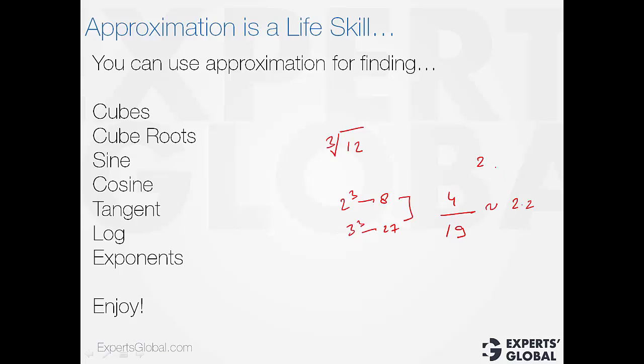I'm sorry, this should be 0.22 something. So a bit more than this. So the cube root of 12 should be something like 2.24, 2.25, something like that. And the right answer is 2.28. So yes, you can apply this very technique in finding all sorts of stuff.